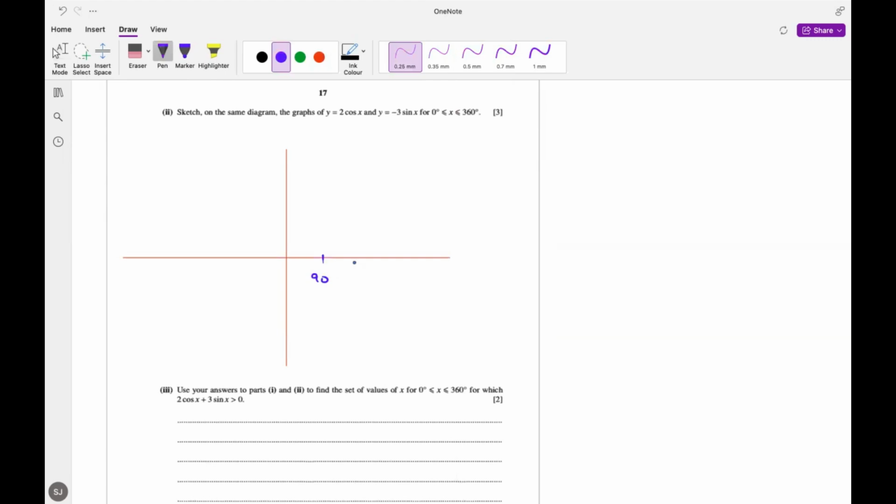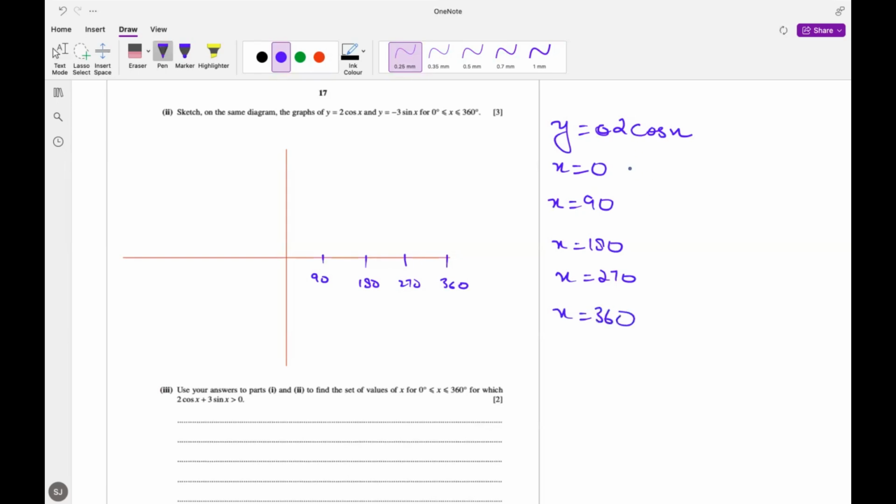Let's say this is 90, this will be 180, this is 270, and this value will be 360. Now, an easier way to sketch a graph of a trigonometric function is we can simply substitute the values of x into the equation. So we'll take values of x as 0. We'll take it in intervals of 90: 90, 180, 270, and 360.